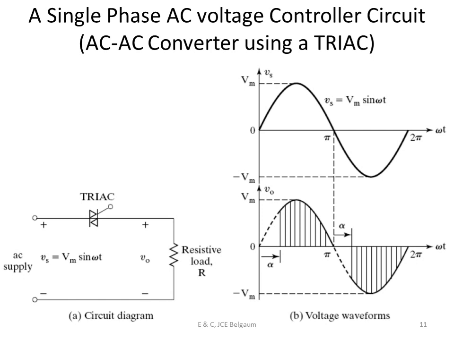So the current direction through the load will be like this when it is forward biased. In the reverse bias, this will be plus and this will be minus, and the current will flow in the reverse direction. Since the current through the load is flowing in the opposite direction during the positive and during the negative, you will get both the half cycles at the output. So this is an AC to AC converter using the triac.